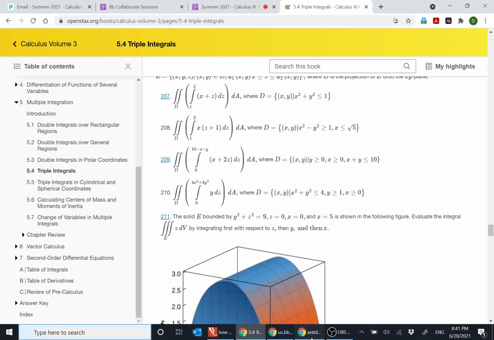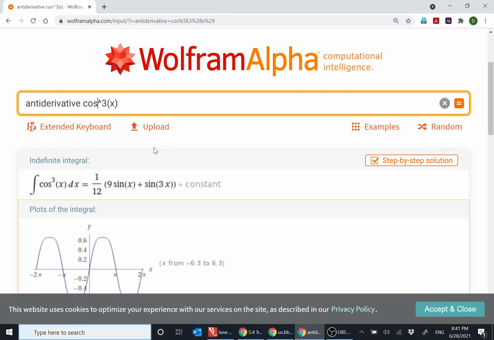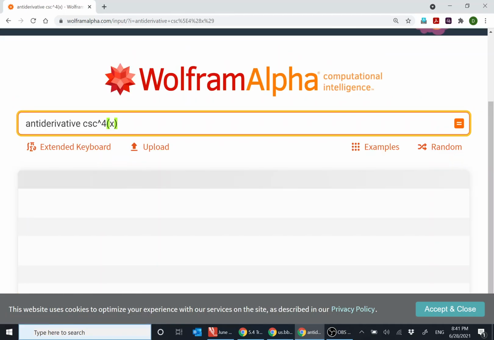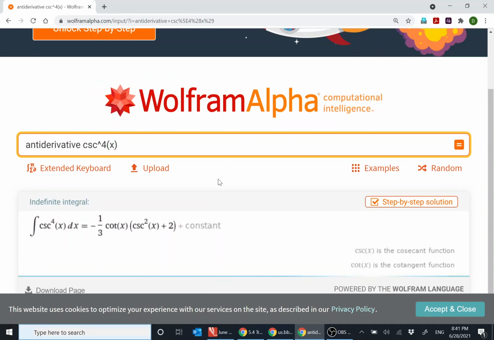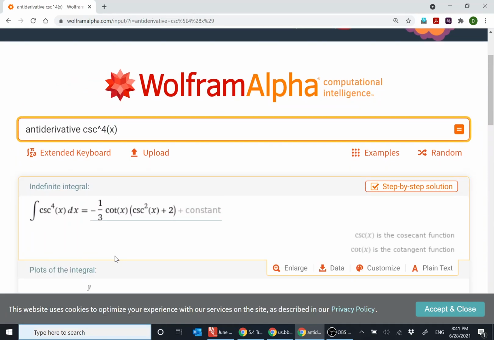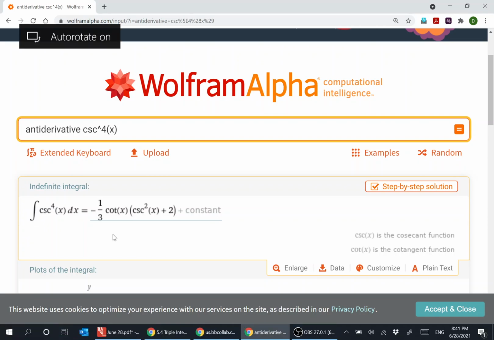Where's my Wolfram Alpha? So antiderivative of cosecant to the 4th x is minus 1/3 cotangent x times cosecant squared x plus 2.